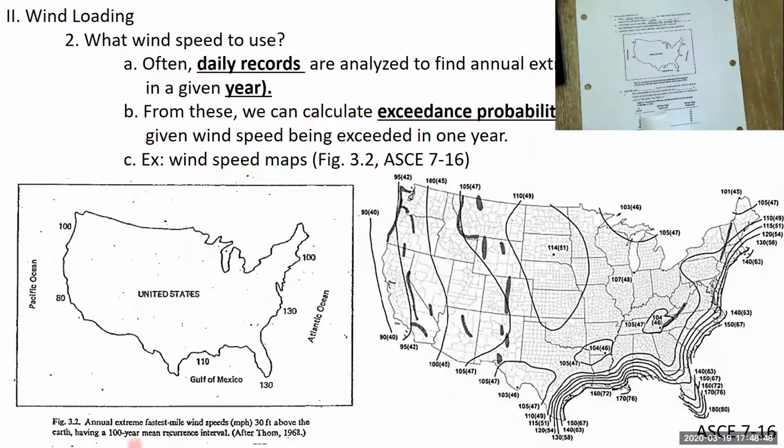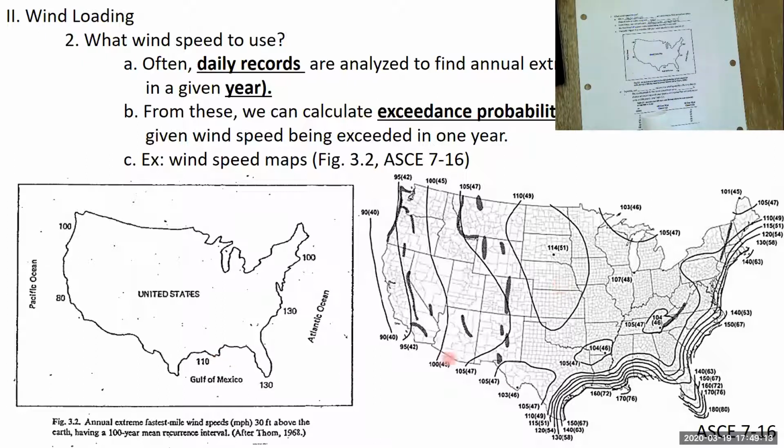So for example, if you're off of the coast of Oregon, you might expect a wind speed of 100 miles per hour. That would be your 100-year wind speed. So it has a 1% chance of being exceeded in any given year. Moving over to the Gulf of Mexico, sort of around Texas, Louisiana, we have a 110-mile 100-year wind speed, or 1% annual exceedance probability.